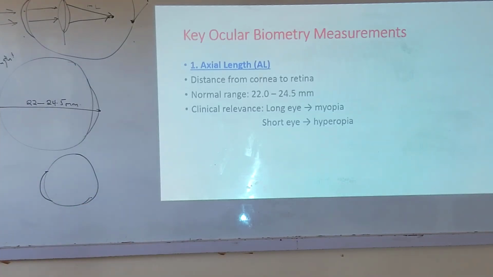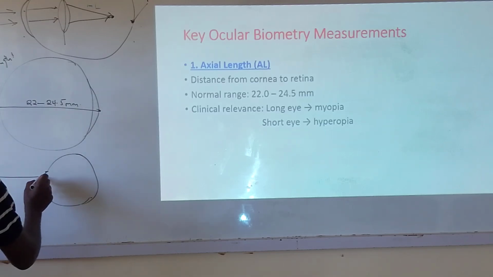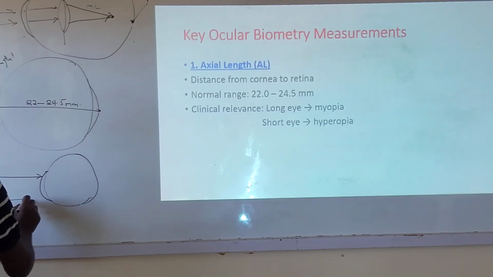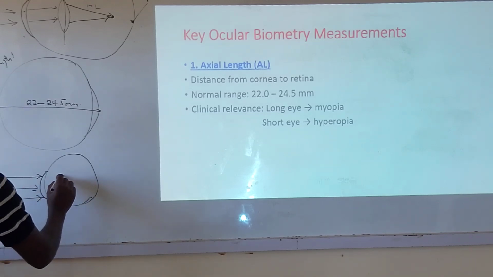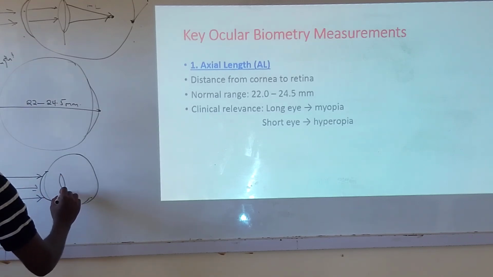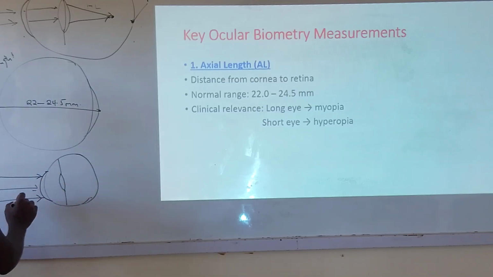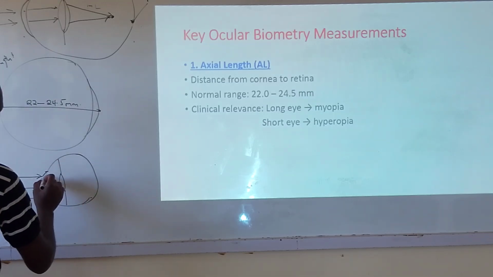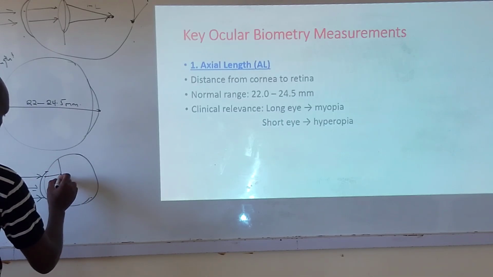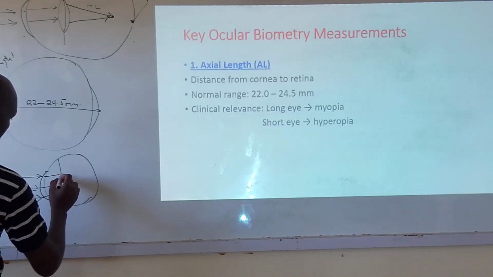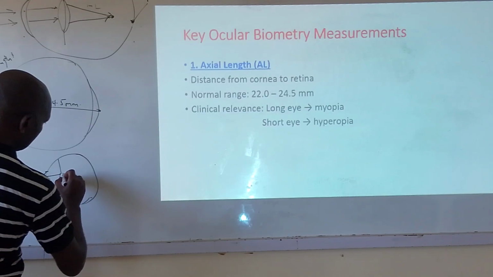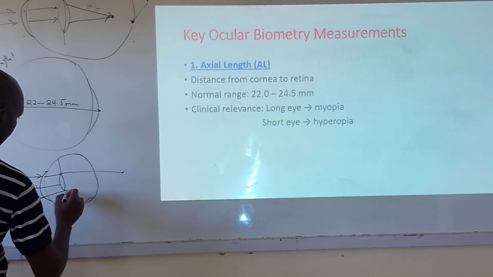Anyways, just for demonstration, it's not supposed to be very, very perfect. So your light will come from this side. Remember, light travels on a straight line. So this is your lens here. So light will get into this lens here. And when it gets into this, it will focus here.